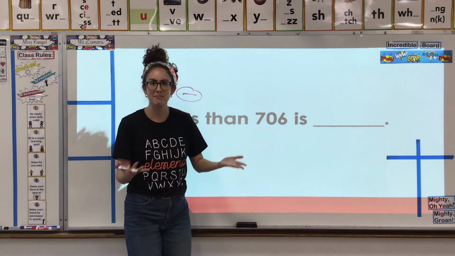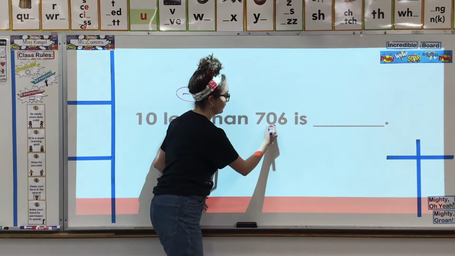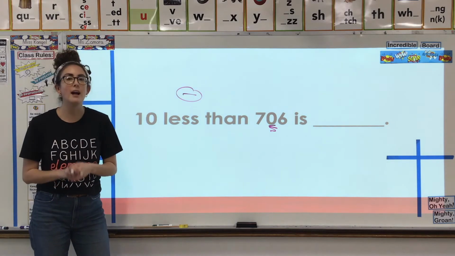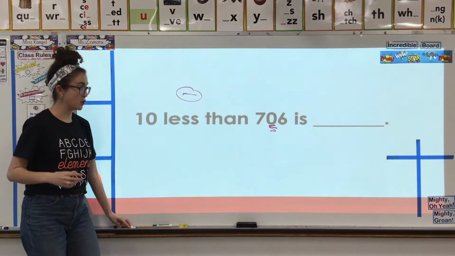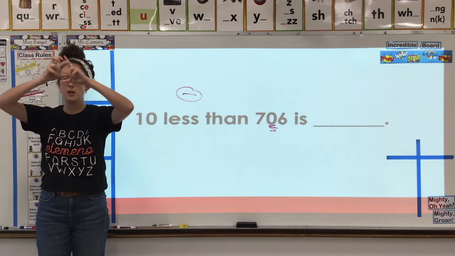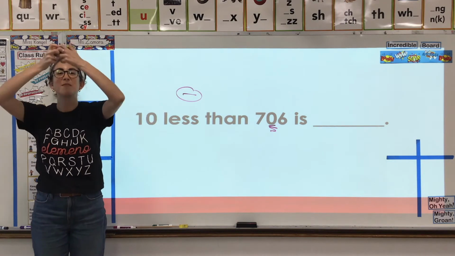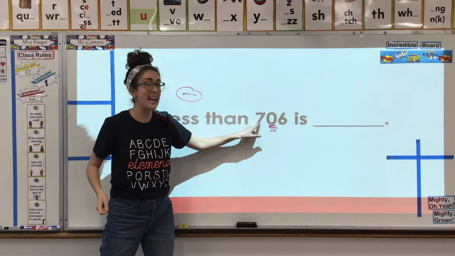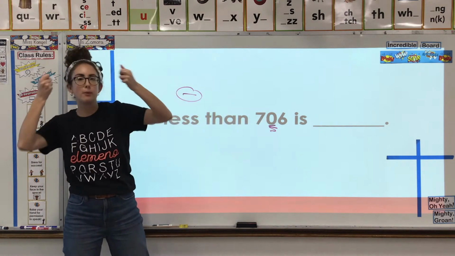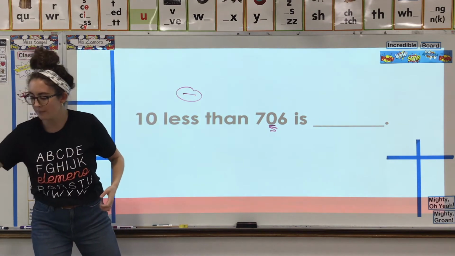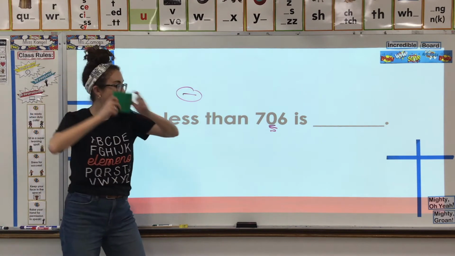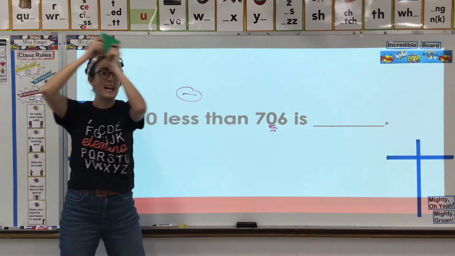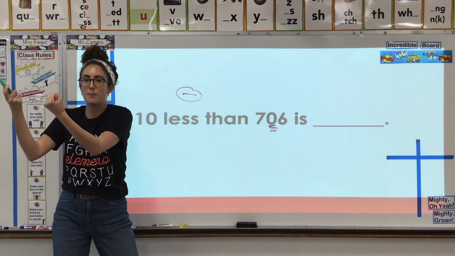But look, how many 10s are in this number? None. There's 0 10s. So what are we going to have to do? If there's no 10s to take from, we have to break apart a larger unit. So that means we're going to take 100 and we're going to break it apart. So hold on to this in your head. We have 700s right now, but we're about to take one away and break it apart.